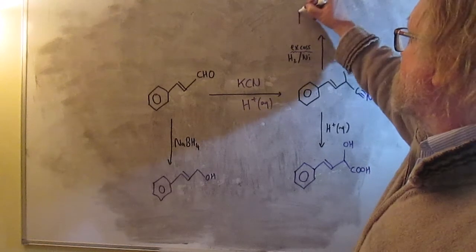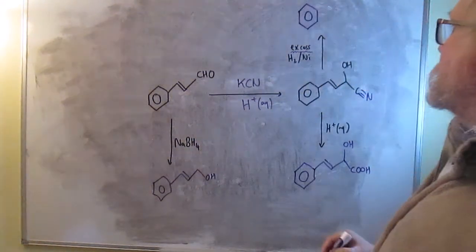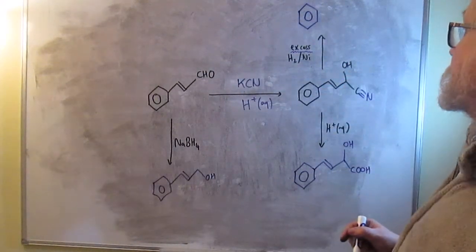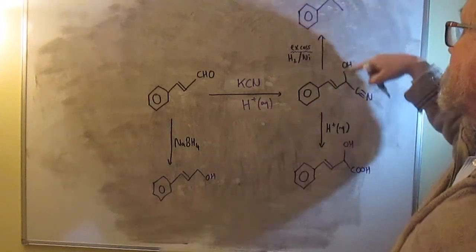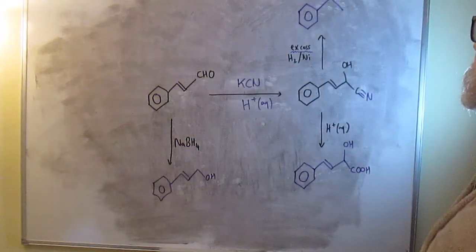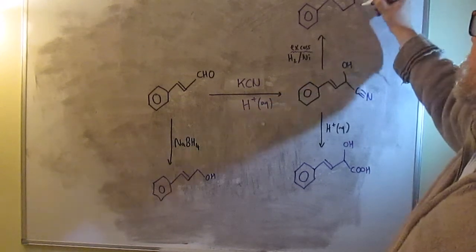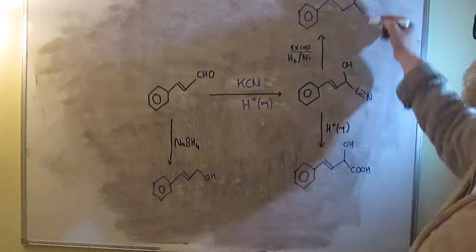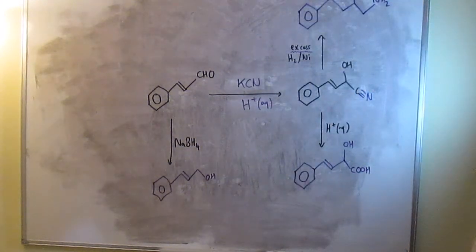And so what you end up with is the benzene ring is unaffected. You can hydrogenate benzene, but it doesn't happen very easily, so you would normally assume that would be left alone under those conditions. So the benzene ring is still there. This alkene group, however, will become an alkane, and the nitrile group will become CH2NH2, which, if you draw it as a skeletal formula, makes it like that.